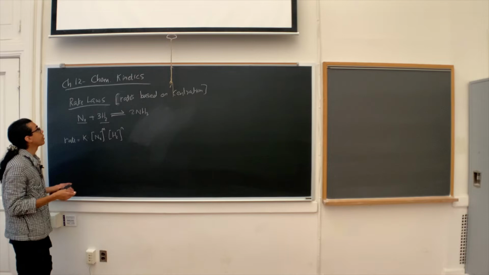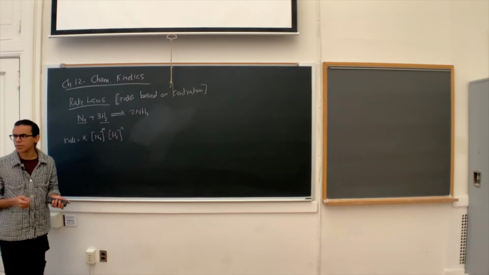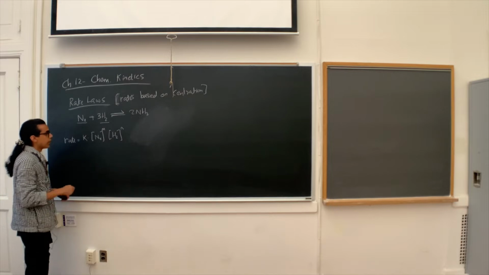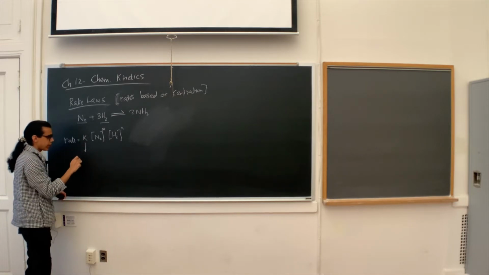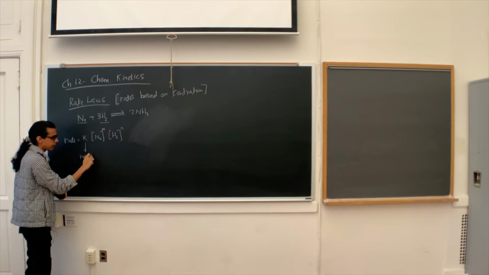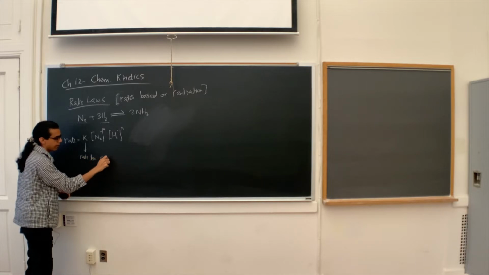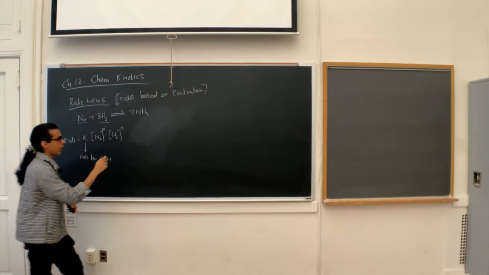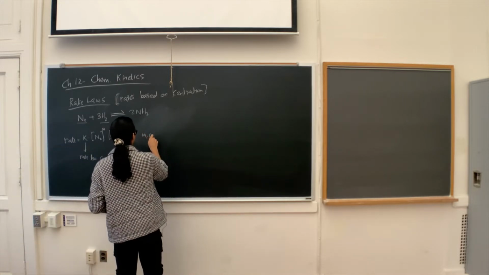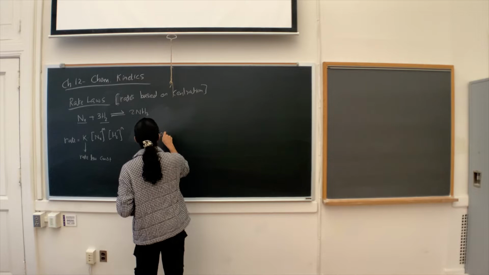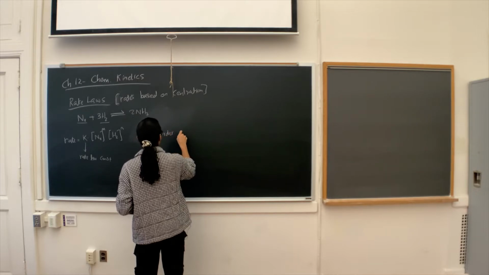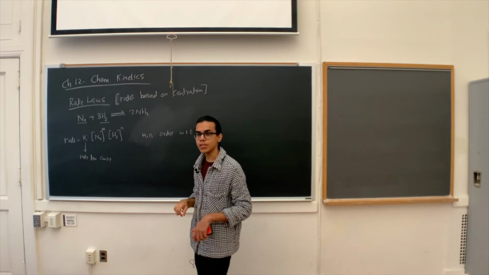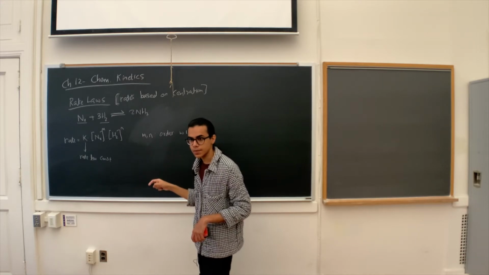Square brackets here in this chapter and for the remainder of chemistry will be molarity, moles per liter. k here is called the rate law constant, not surprising. m and n here are called the order of the reaction with respect to those reactants.